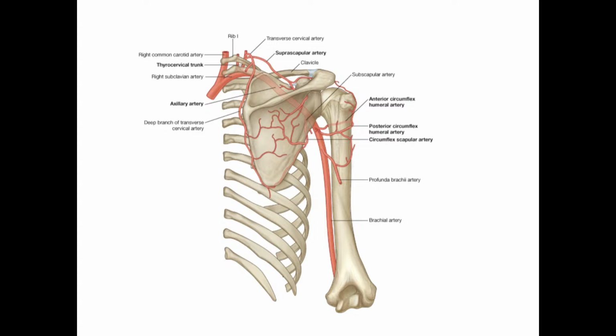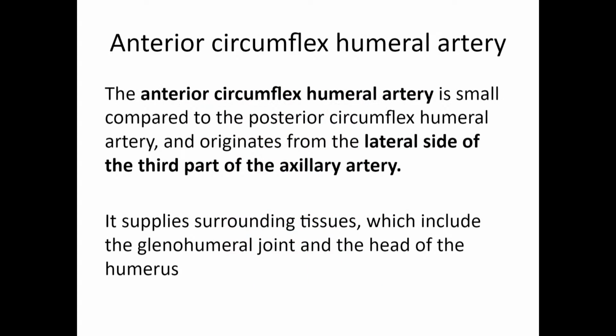So now let's discuss in more detail our anterior circumflex humeral artery. The anterior circumflex humeral artery comes straight ahead from the axillary artery, mostly from the third part here. It has an anterior and a posterior, supplying the anterior part and also the posterior part.